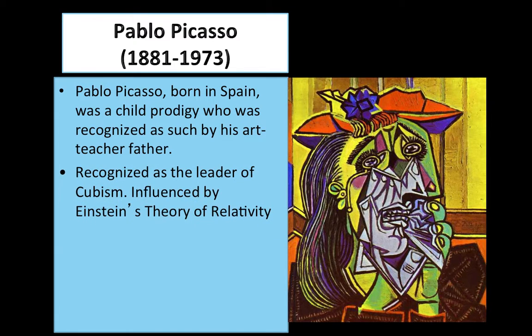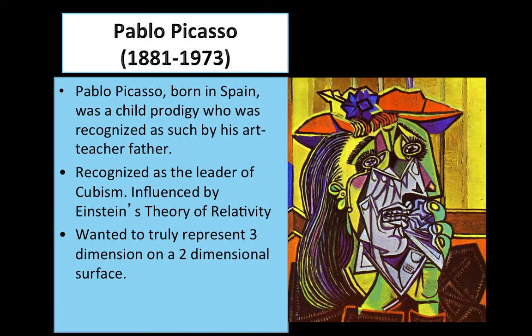He was recognized as the leader of Cubism, influenced by Einstein's theory of relativity. Picasso's work is all about wanting to truly represent a 3-dimensional object on a 2-dimensional surface, trying to take a 3D person and really getting them on that canvas.